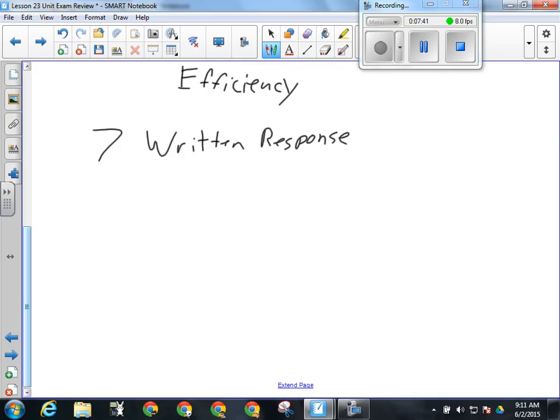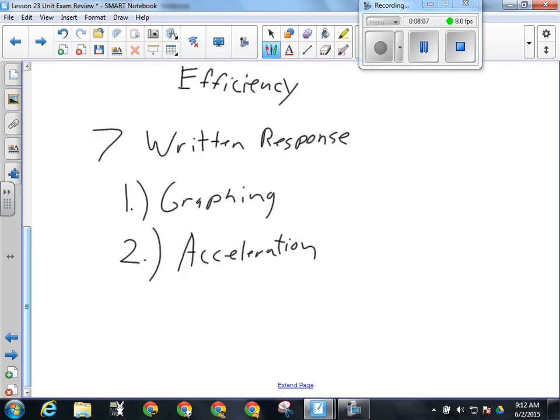It's going to start off with a graphing question, and then it moves to acceleration.